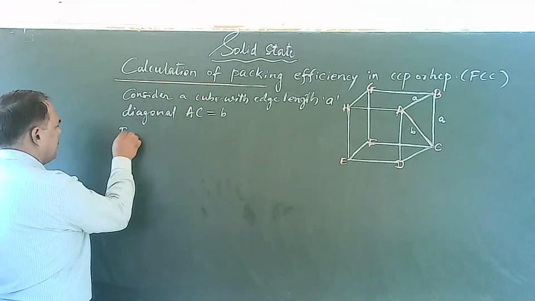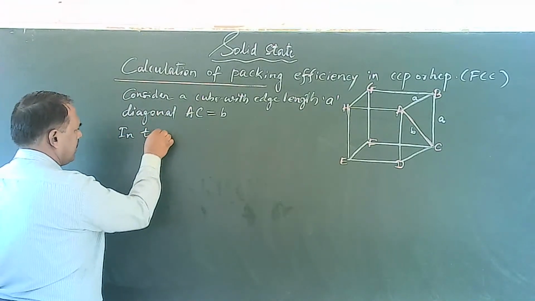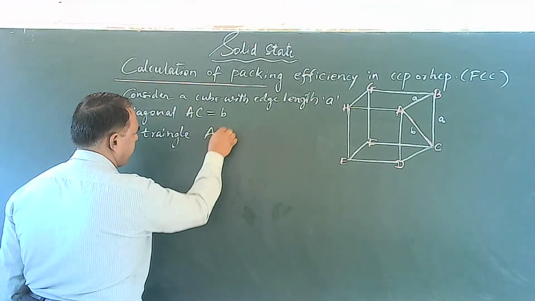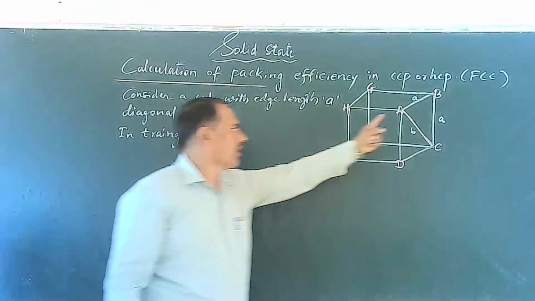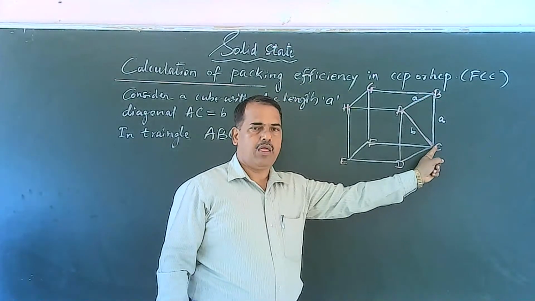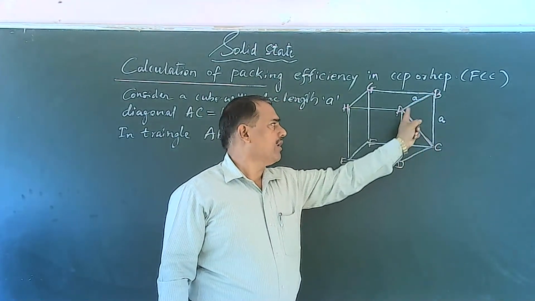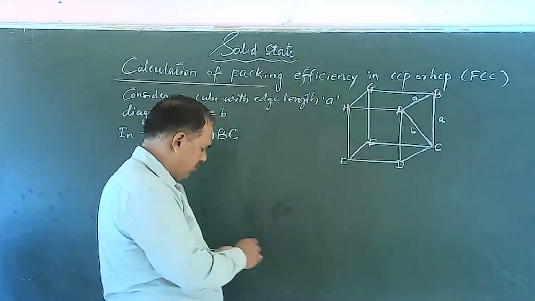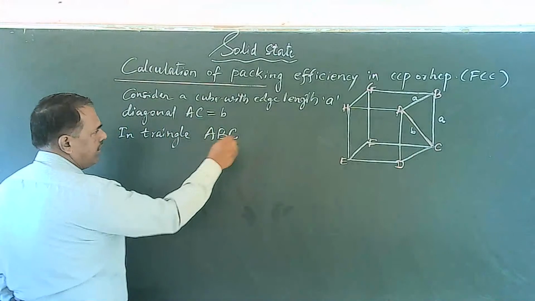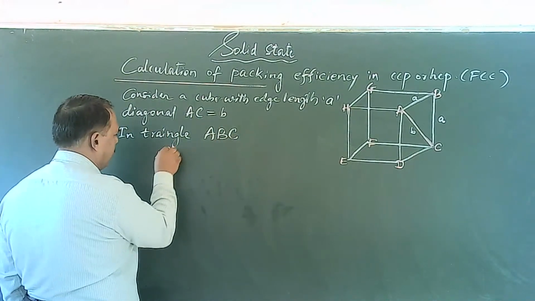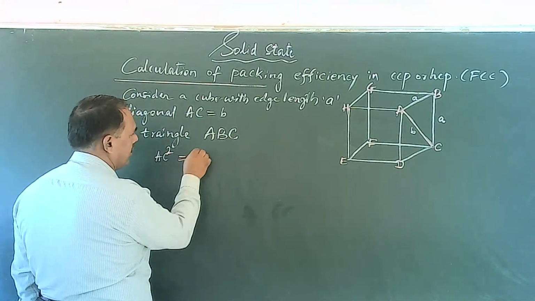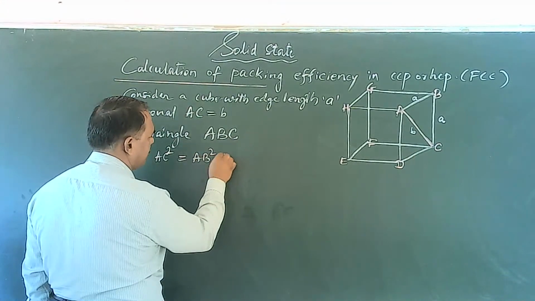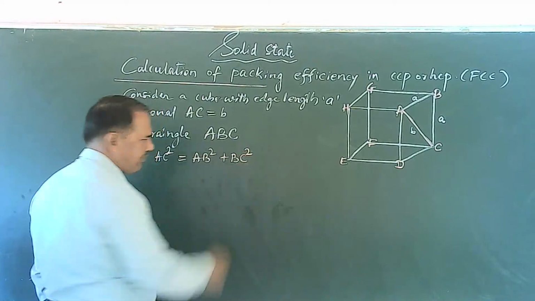So in the triangle ABC, AC square is equal to AB square plus BC square.